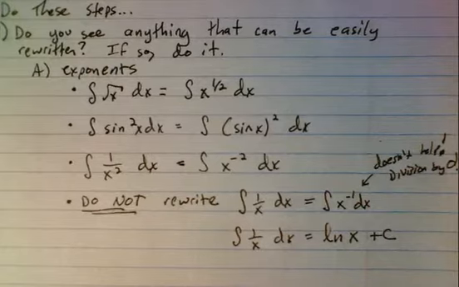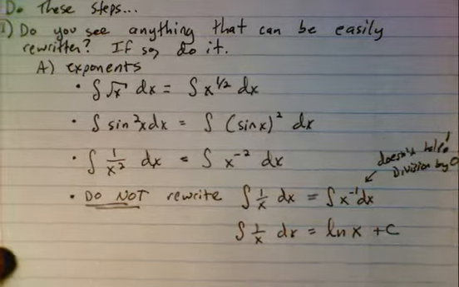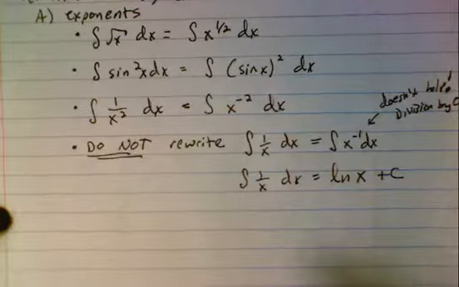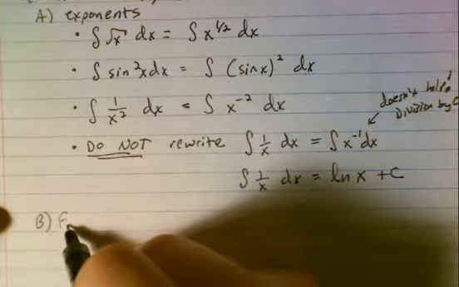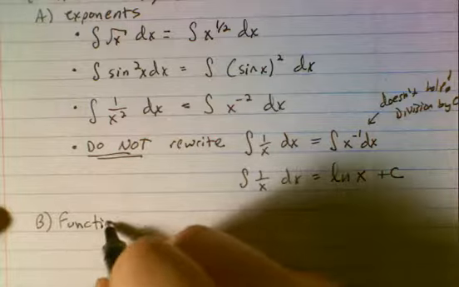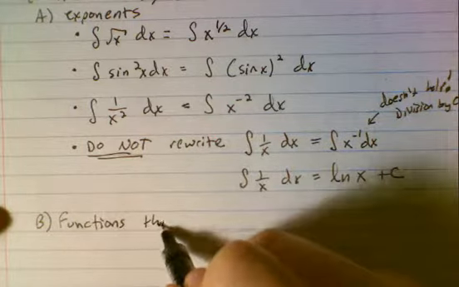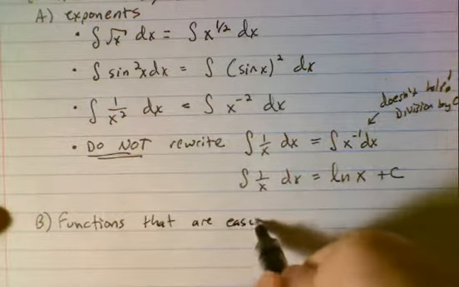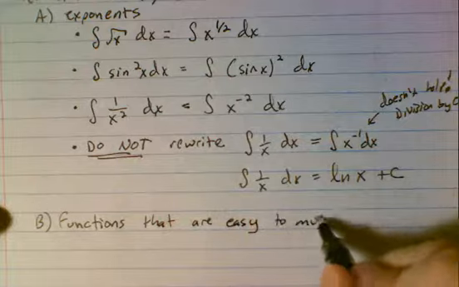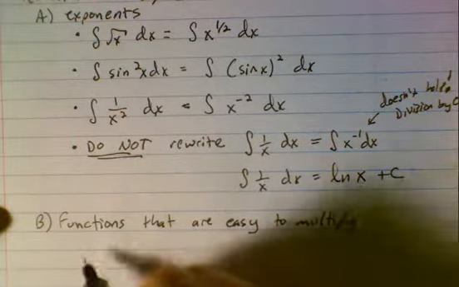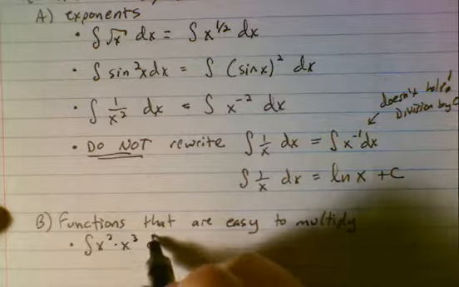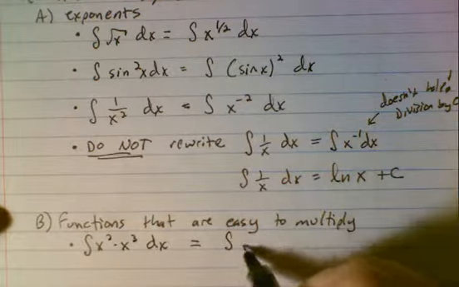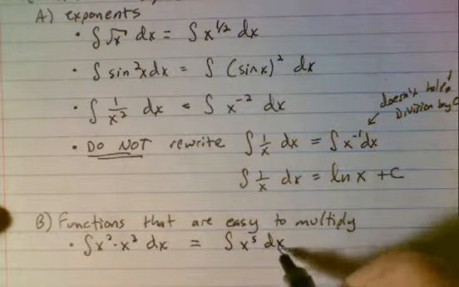Well, those are the rewrites that we had from when we were working with derivatives. There are a couple more rewrites that are more important for antiderivatives. Functions that are easy to multiply should be multiplied. So if we have something like the antiderivative of x squared times x to the 3rd dx, that should be rewritten as the antiderivative of x to the 5th dx.